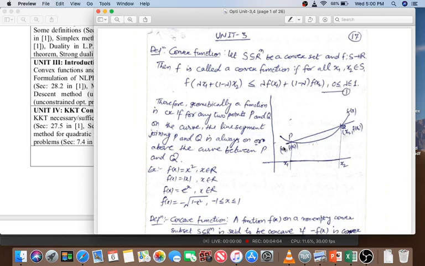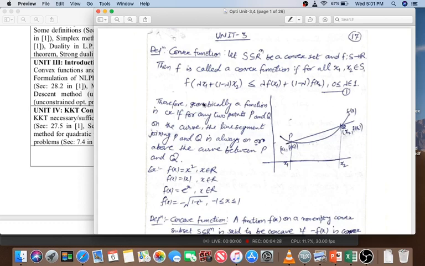It means, suppose you have a curve, suppose this is a function f(x), I have taken an example, and here you have 2 points x1, x2 belonging to S. Suppose this is on the x-axis. So now if I take the image, this will be x1, f(x1), the point P on the curve, and this point Q is on the curve, x2 comma f(x2).